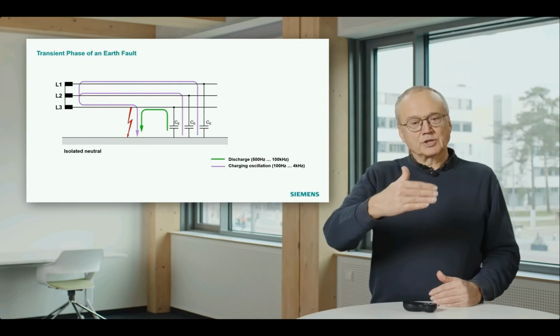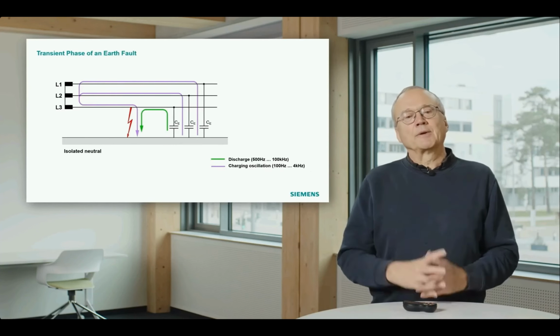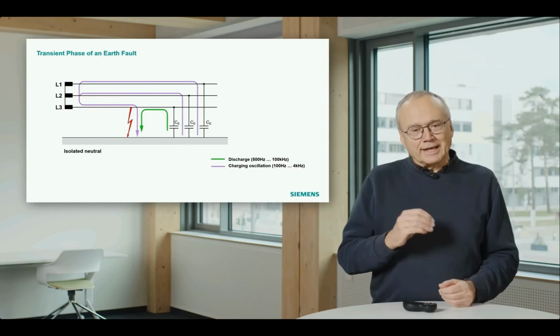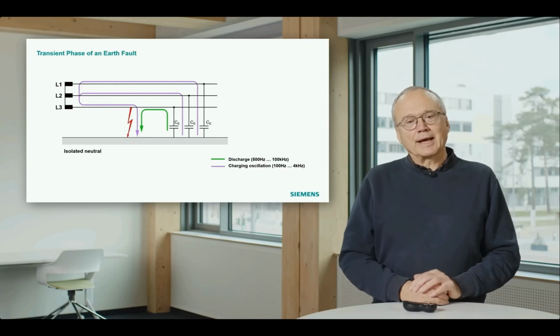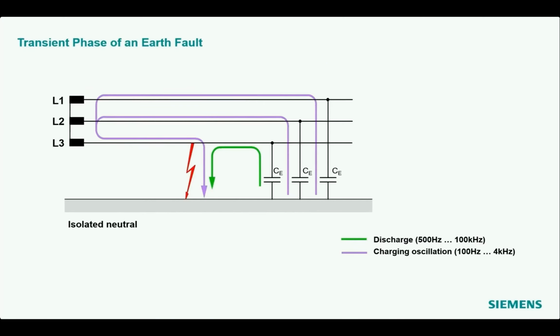In this case, it's not a concentrated element, it's a distributed element. That means the capacitor is distributed along the line or the cable, and there is some inductance involved. That means we do not get a current peak, we get an oscillation with the capacitance and the reactance of the line, and that oscillation is called the discharge oscillation. That's indicated here in green.